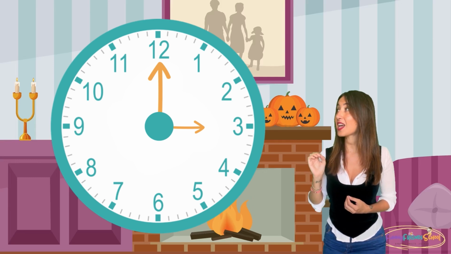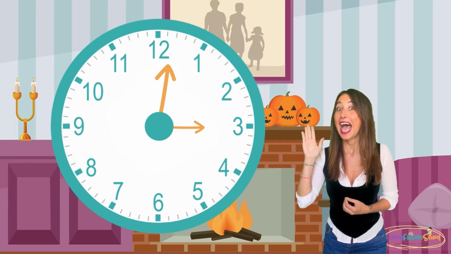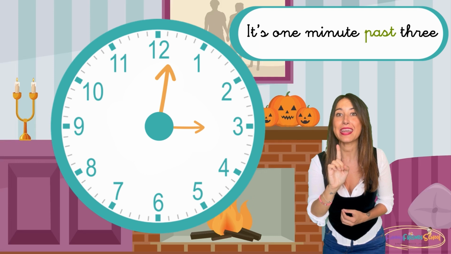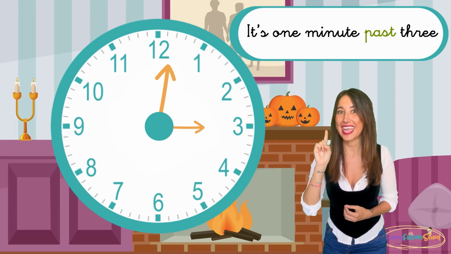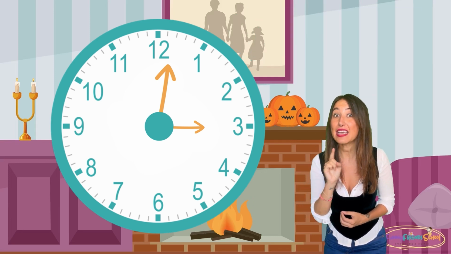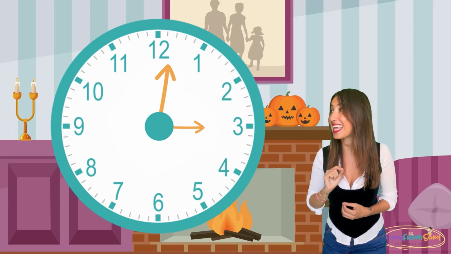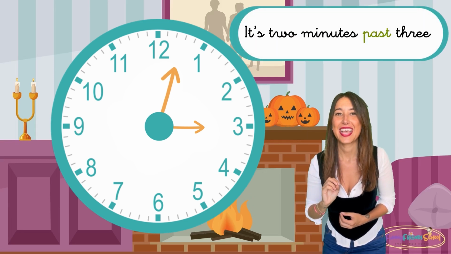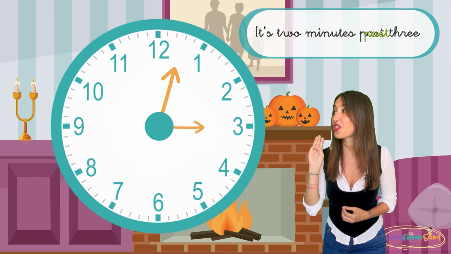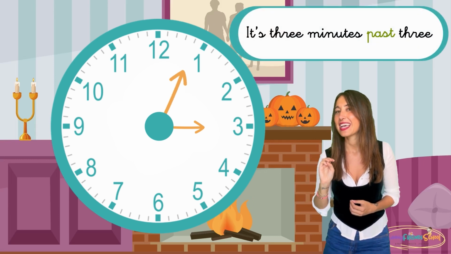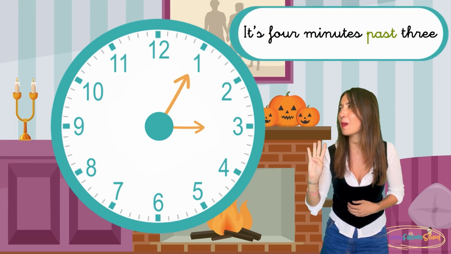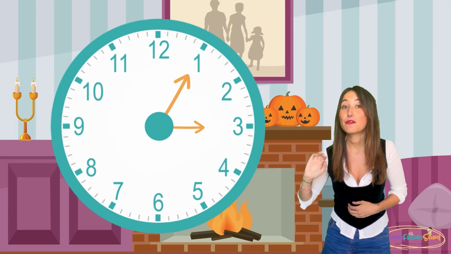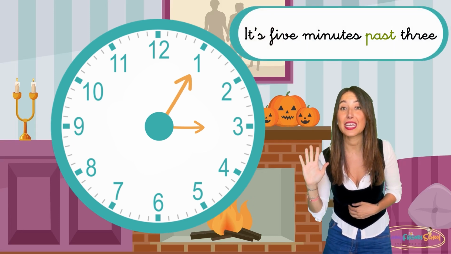If the longest arrow moves like this, it's 1 minute past 3. And if it moves like that, it's 2 minutes past 3. Great, let's keep saying. It's 3 minutes past 3. It's 4 minutes past 3. It's 5 minutes past 3.